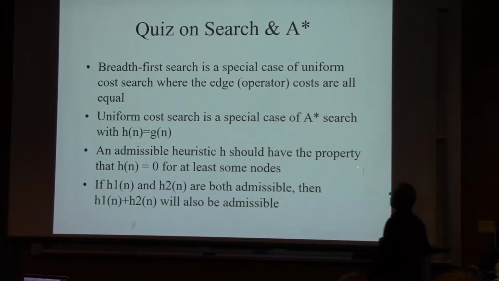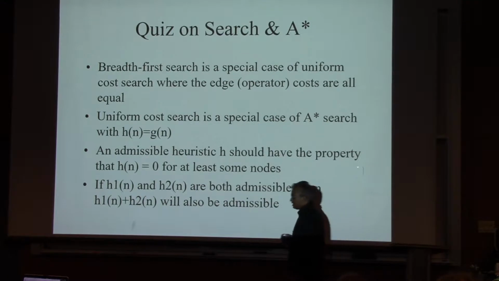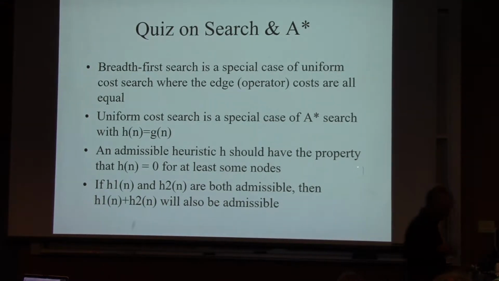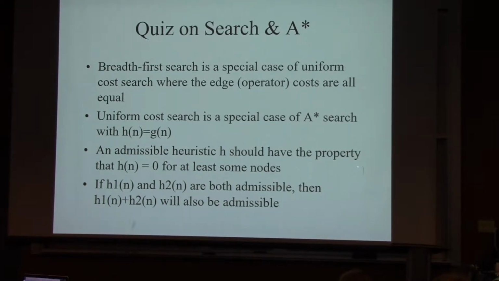We have 106 people who have already voted. I'm going to stop. Okay, so uniform cost search is a special case of A-star search where h of n equals g of n.